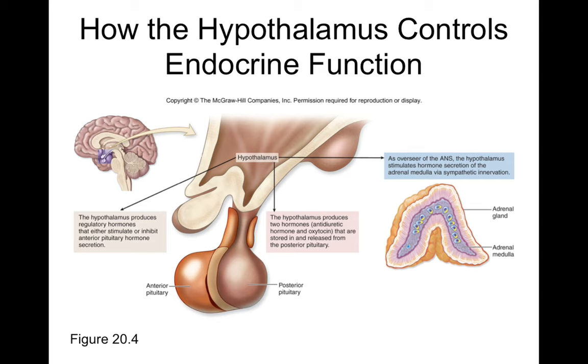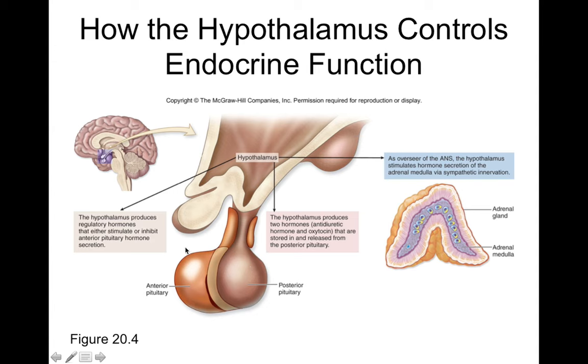A tumor of the pituitary gland can swell and impinge on the optic chiasm. So one of the first symptoms of a pituitary tumor is visual disturbance, where because the tumor is impinging on the optic chiasm, individuals have trouble being able to consciously see things, and that's going to be a sign of a pituitary tumor.